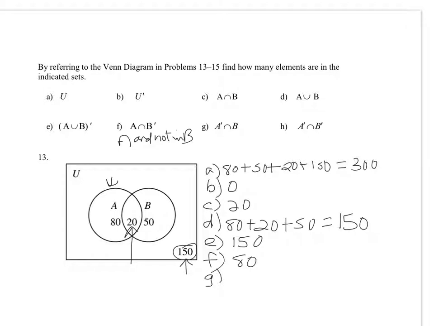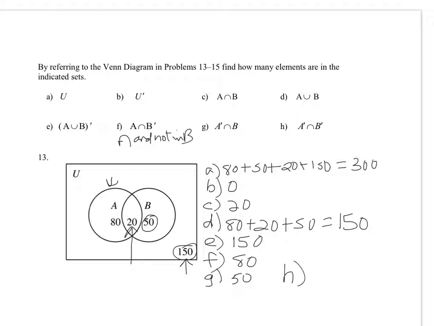On G, I want A prime intersected with B. So that means I want everything that is not in A but is in B. So if it's not A but it's in B, that's got to be this part right here, 50.